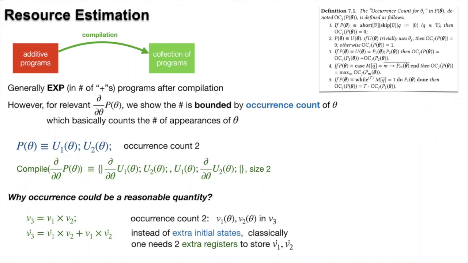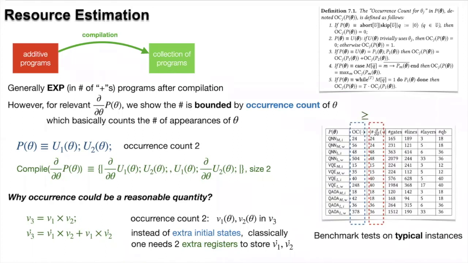So classically, if you want to compute V3 dot, you need to have two actual registers to store V1 dot and V2 dot. In other words, occurrence count refers to the actual resource you use, either in the quantum case or in the classical case, just in different forms. And we actually ran more tests empirically on the benchmark sets and show this resource bound always holds.